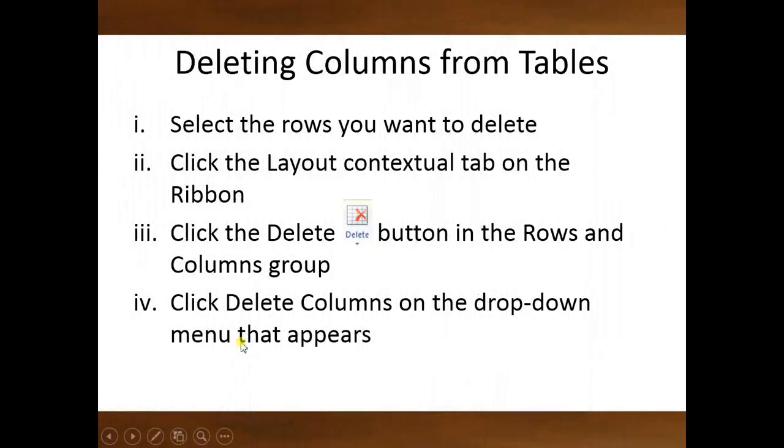Let us look at how we delete columns from a table. The steps are given as follows. 1. Select the columns, sorry, not row, should be columns. Select the columns you want to delete. 2.